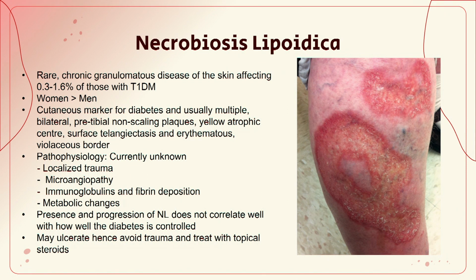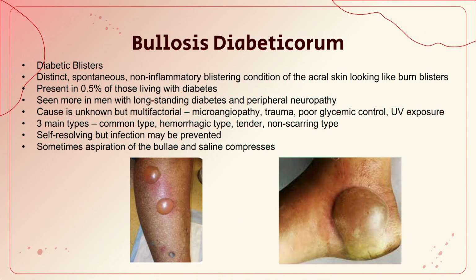Pathophysiology, like most skin conditions, not really known, but then again precipitated by localized trauma, microangiopathy, immunoglobulins, and then metabolic changes as well. It does not correlate very well with how well the diabetes is controlled somehow. But it also is prone to ulceration, and hence trauma needs to be prevented.